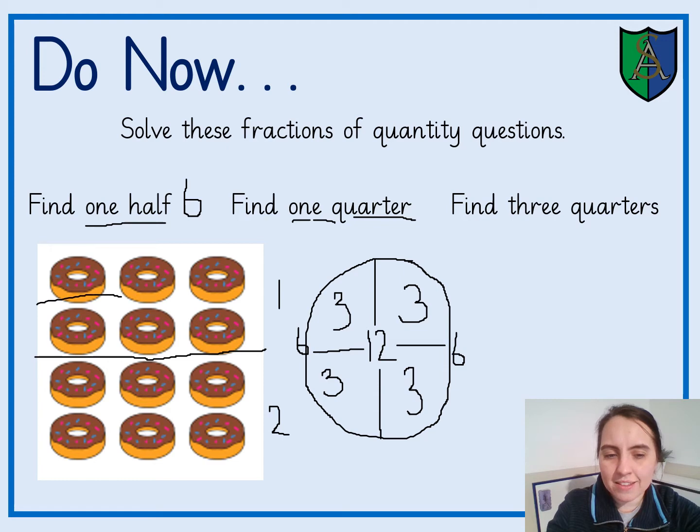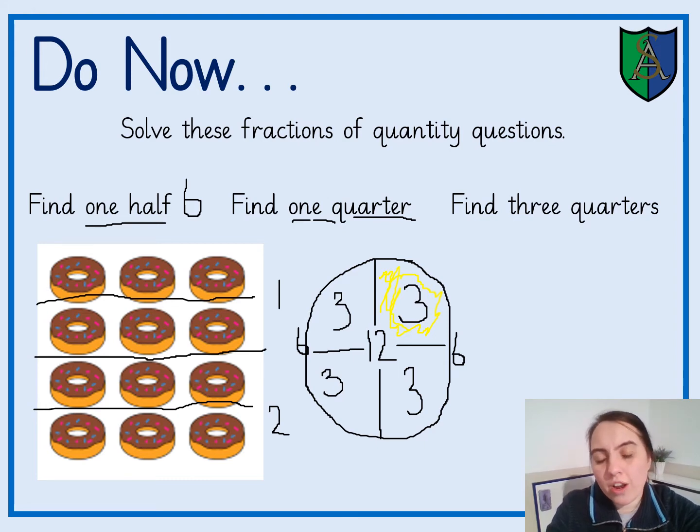There's a group at the top, a group below it, and again below, and again below. 4 groups or 4 rows, each with 3 in them. So finding 1/4 means that I only need to find one of these little portions. So what is 1/4 of 12? You'll see that I'm highlighting it in yellow now.